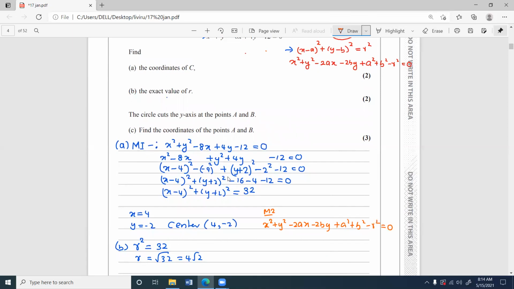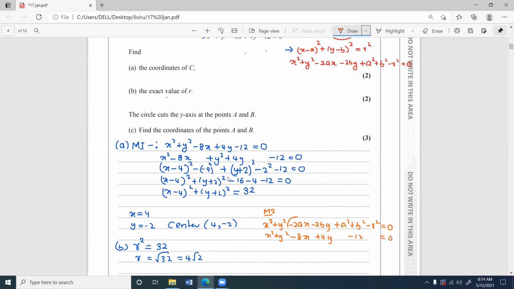How do you get this equation? You have to expand this bracket and write it here. You get this answer. Then write the equation that we have, that is x squared plus y squared minus 8x plus 4y minus 12 equals 0.